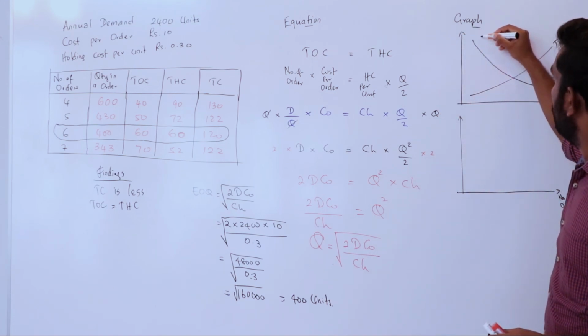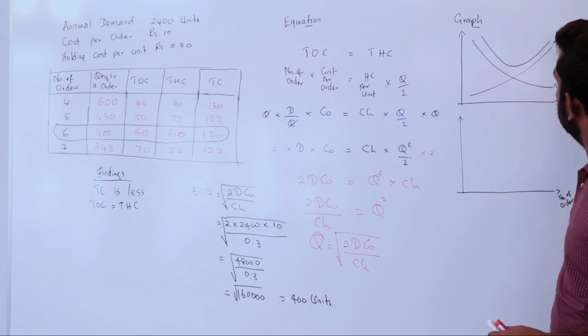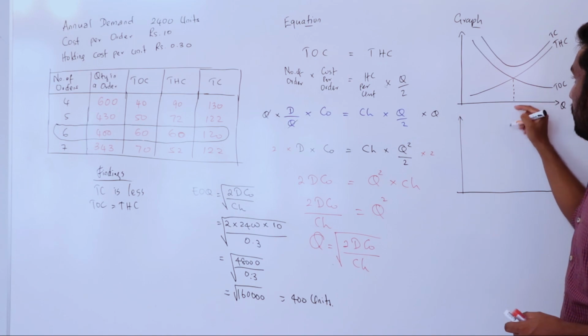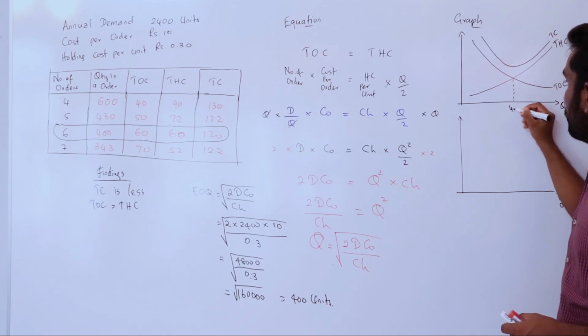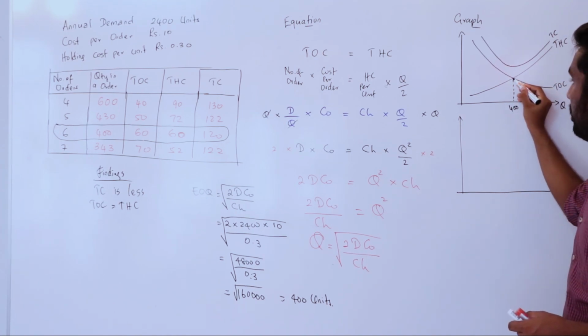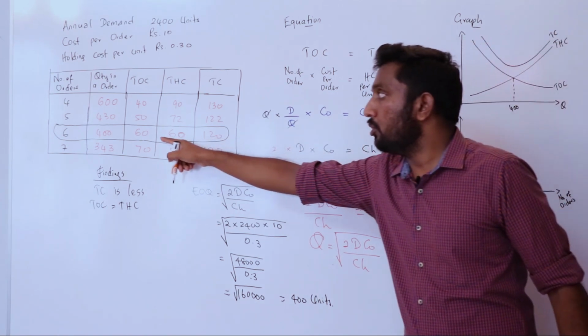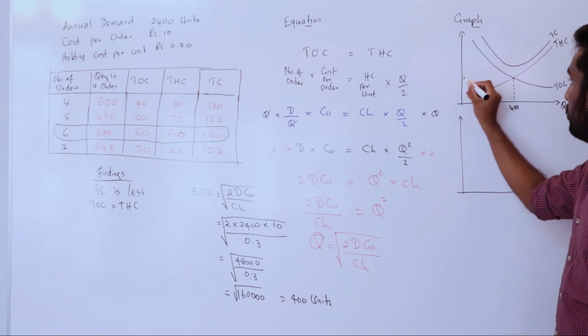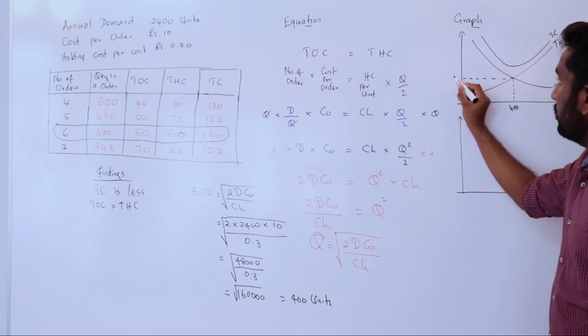And the total cost goes like this, total cost. If I mark this as my quantity, which is EOQ. Why EOQ? Because we know that at EOQ, your total ordering cost equals total holding cost. Therefore, this is the point where your total ordering cost equals total holding cost.